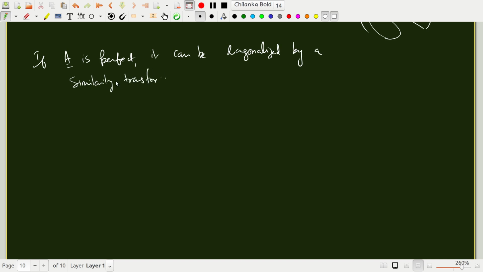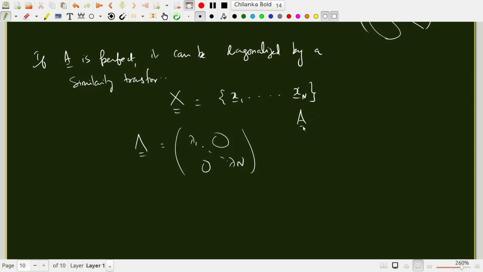The column vectors of the transformation matrix are the eigenvectors of A, and the eventual diagonal matrix will have only the eigenvalues of A as entries. A xi is lambda i xi. So these are the eigenvectors and these are the eigenvalues.